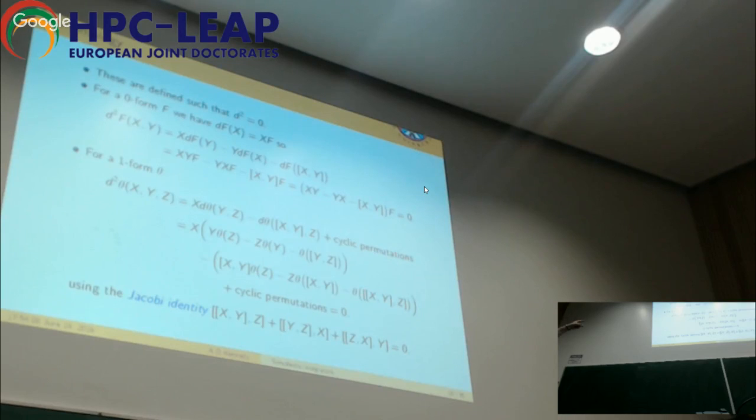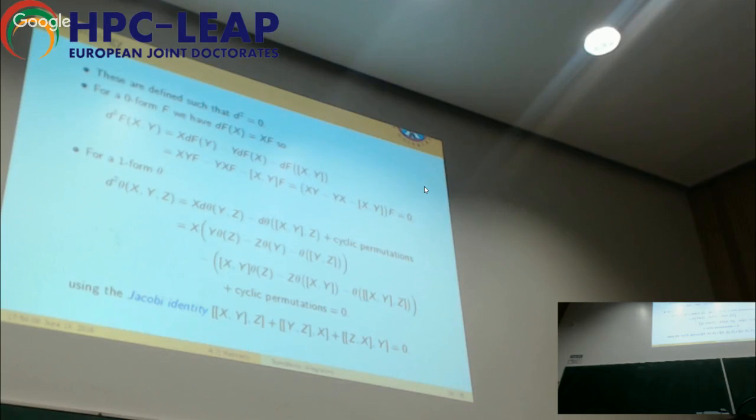So from the definition of d applied to the two form d theta, we get x applied to d theta of y and z plus cyclic permutations, minus d theta of the commutator of x and y with z plus cyclic permutations. Now we remember d theta was defined by saying that d theta applied to y and z is just y applied to theta of z minus z applied to theta of y minus theta of the commutator of y and z.